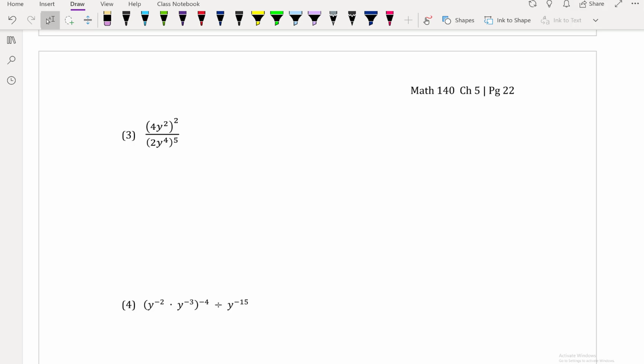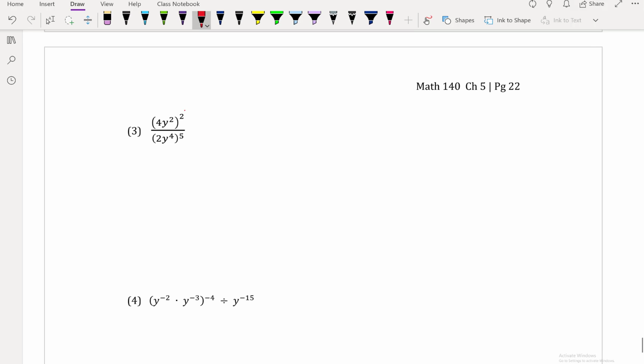Looking at number 3, it's the same process. This 2 is going to get multiplied to everything inside the parentheses, and this 5 is going to get multiplied to everything inside this parentheses. So I have 4 to the 2nd power, I have y squared times 2.